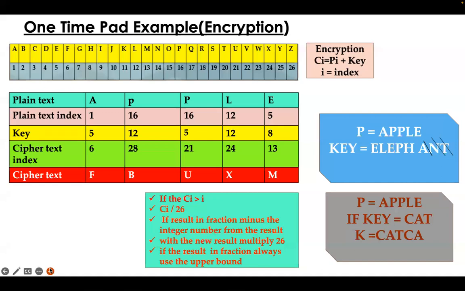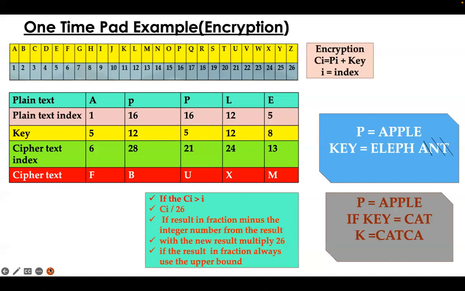And there should be a question: if the key is shorter than our plaintext, what can we do? If our plaintext is apple and our key is cat, which is made of 3 letters, what can we do now? The key will repeat from the first letter until it matches the number of letters in our plaintext.